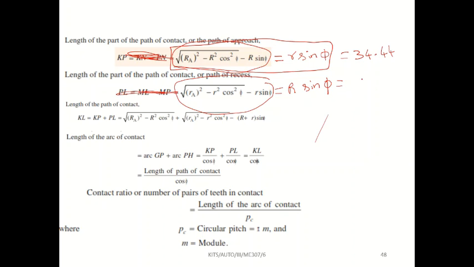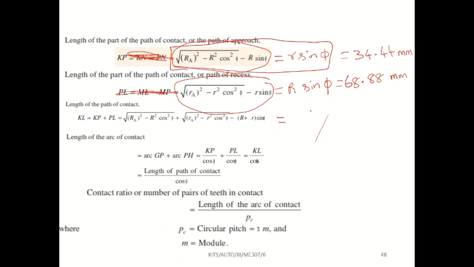Here 200 into 0.344, you will get 68.88 mm. Here also mm. Okay, so we got the path of approach and path of recess. Now the path of contact. We have to add everything, no?